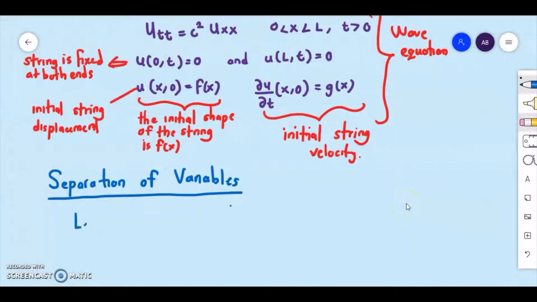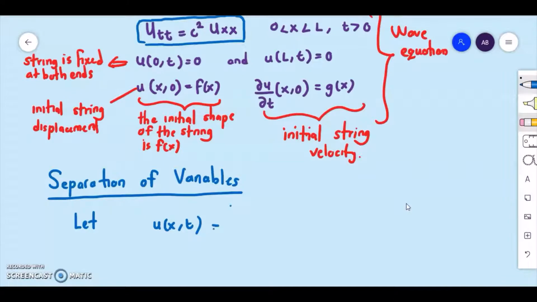So start by letting u. I want to find the solution u(x,t).